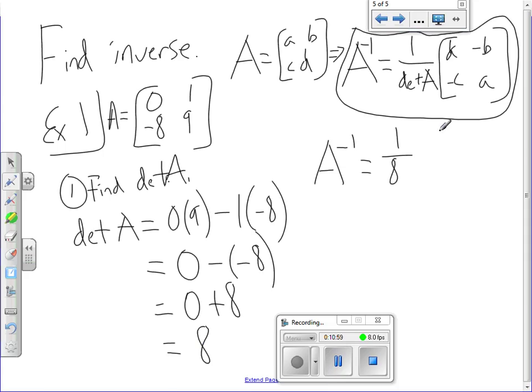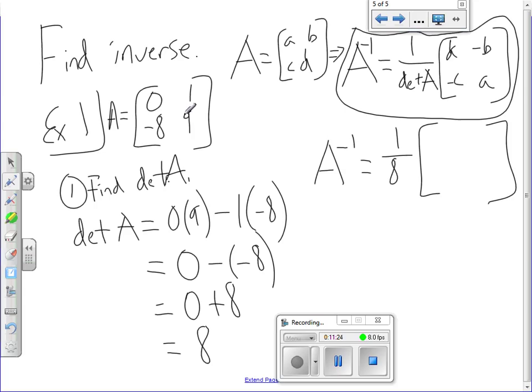To get the inside stuff, look at what's happening here. I touched on this in the last video, but let's do a quick review. When I'm computing an inverse, A and D switch spots. They switch positions, they switch location, however you want to think of it. So with this matrix, where 0 is, now 9 is going to be, and where 9 was, now 0 is there.